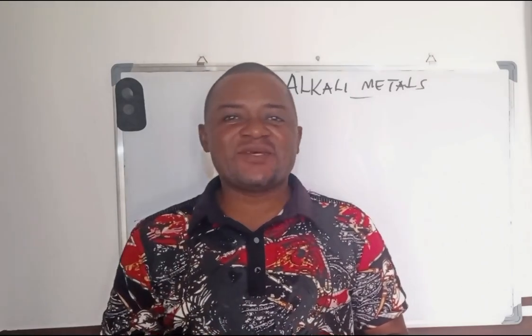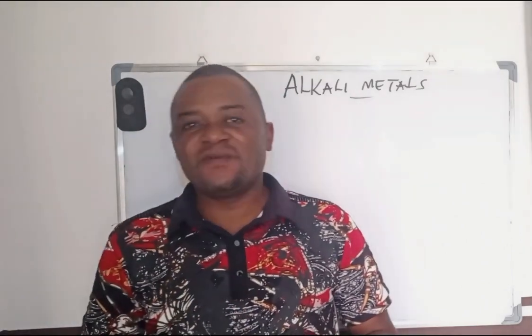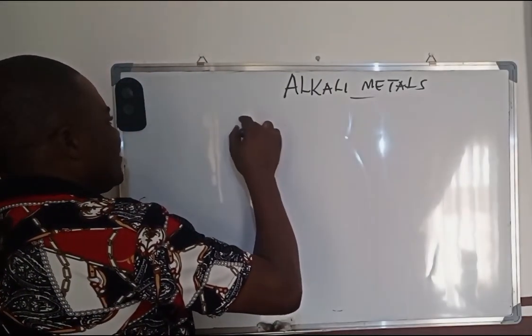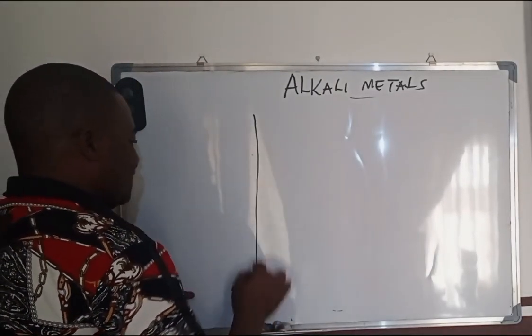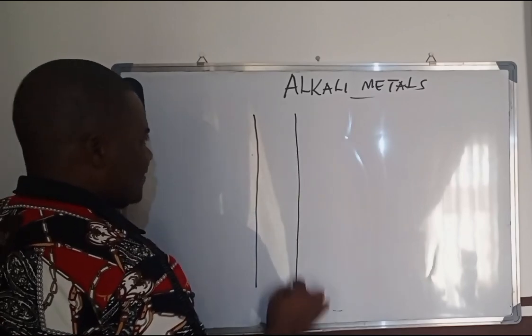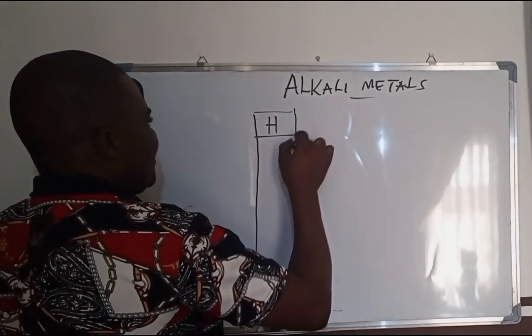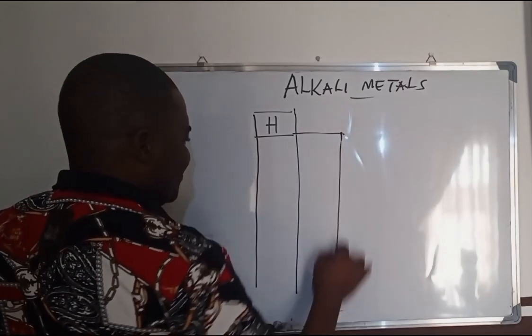Now, let us put down a part of the periodic table to understand what we are talking about. If you look at the periodic table in this form, you will see that this is hydrogen, and then we also have another.